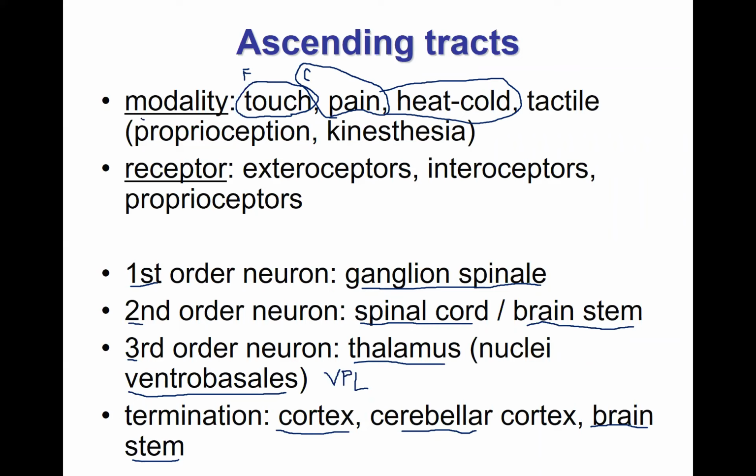And another is proprioception, the information about the position of your limbs and muscles, and it's transmitted together with the fine touch. So we have touch, pain, heat and cold, and proprioception information. They are different kinds of information, but they are transmitted by two major ascending tracts.